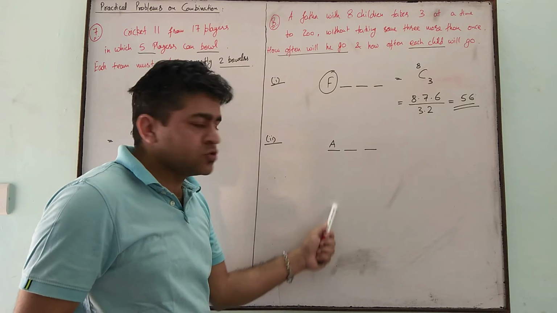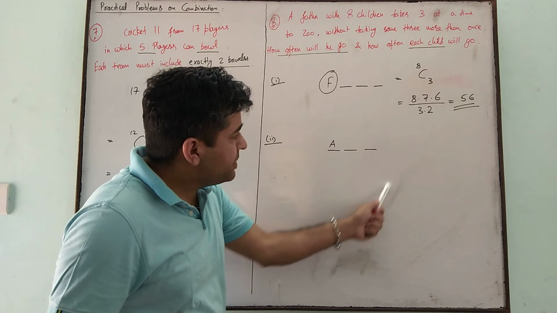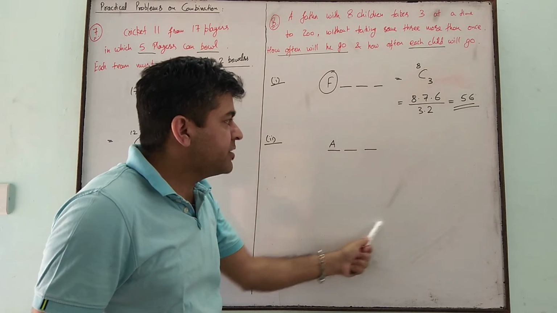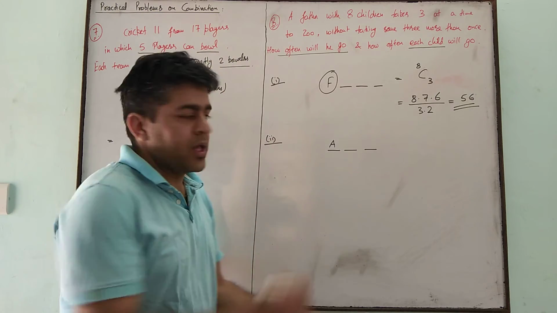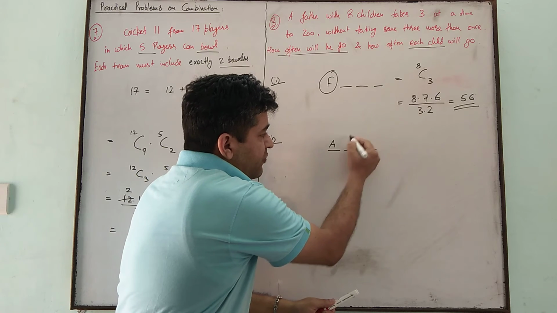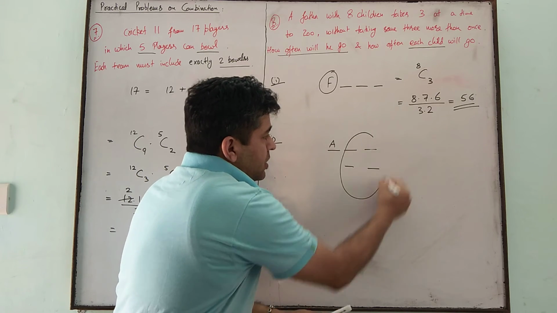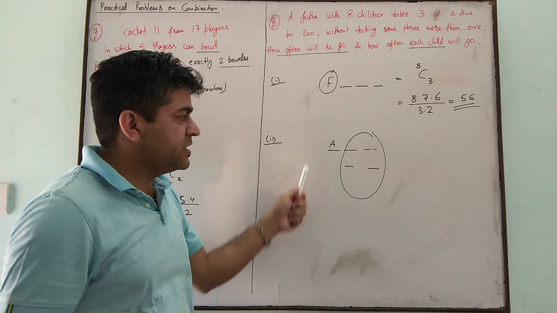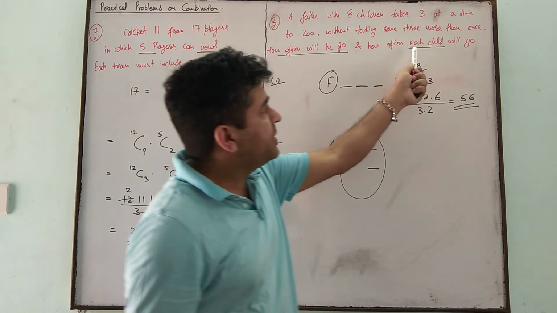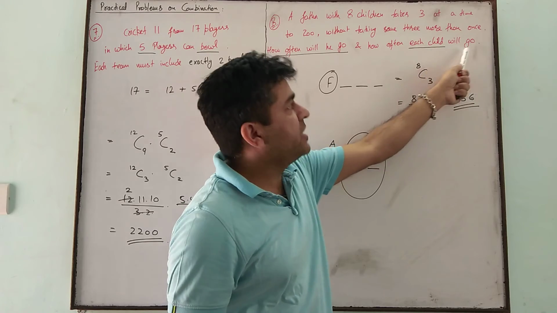Now A is fixed to go. So as many groups of the rest 2 children as there will be, that many times A can go. As many groups of the rest as there will be, that many times A will have to go. Father obviously will be going. We need to find how often each child will go.